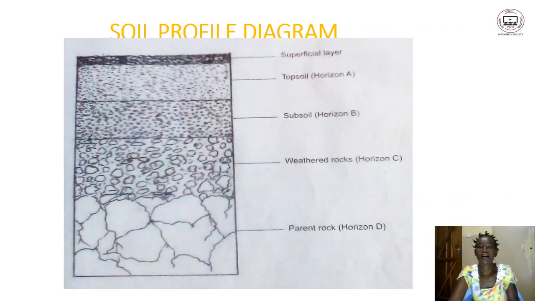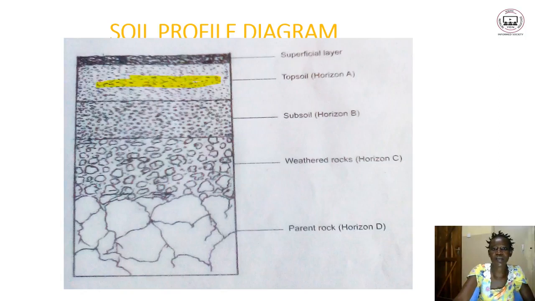So, as I've already said, most of the times, if the soils have been formed over a long period of time, they will form some distinctive layers. So this is the clear picture or diagram of the soil profile showing some layers. We have the topsoil here, a horizon A, then horizon B, so-called the subsoil.